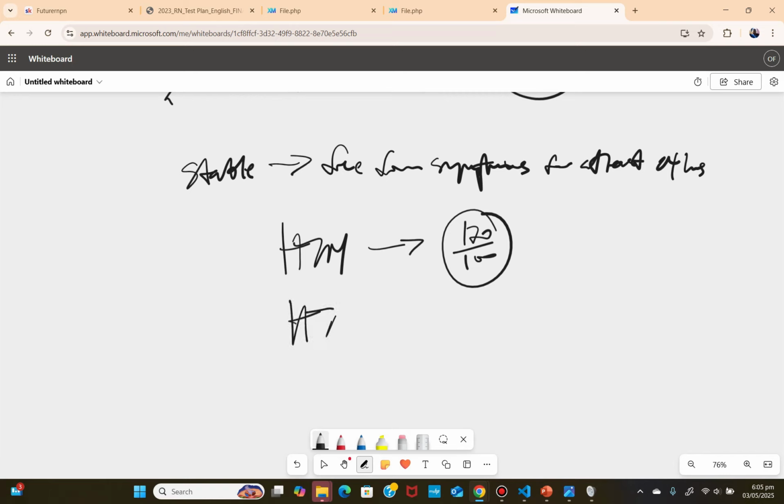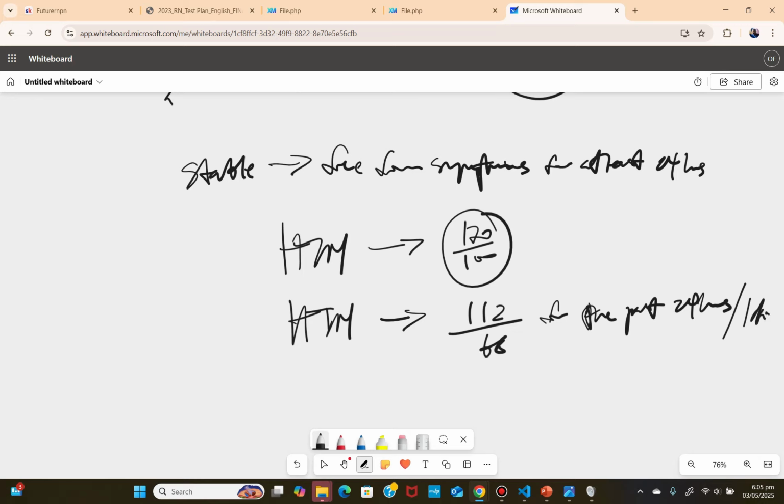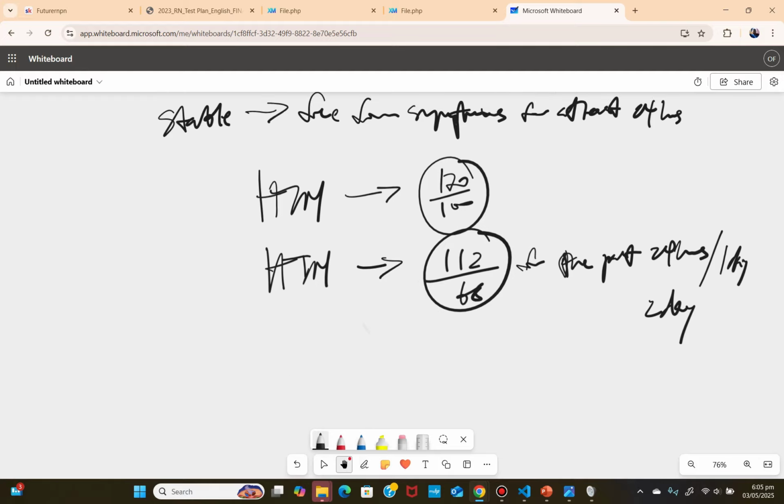Now, the NCLEX can tell you the patient has hypertension and their blood pressure reading has been 112 over 68 for the past 24 hours. Or the NCLEX can say for the past 1 day or maybe 2 days or more. As long as it is 24 hours or more, yes, the patient is stable. As long as their readings are within range, we have appropriate vital signs, no abnormal vital signs, and the patient is absent from the symptoms expected based on that condition.